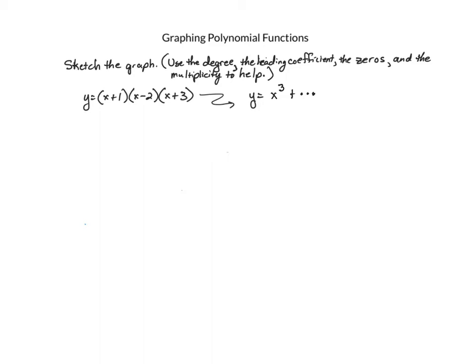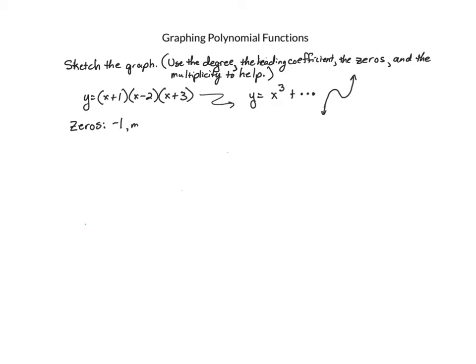I wanted to know that that was an x cubed because I'm thinking about what a third degree polynomial looks like. So in my head, I'm thinking, okay, generically speaking, it looks like this. Now let's figure out the details. The zeros are the numbers that make the function equal to 0. We set each factor equal to 0, so we would have -1.